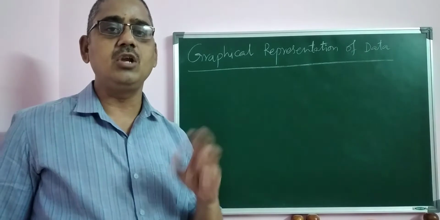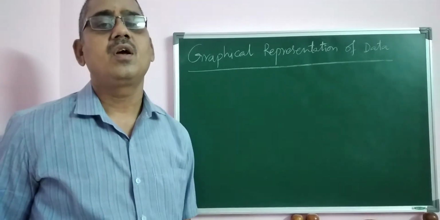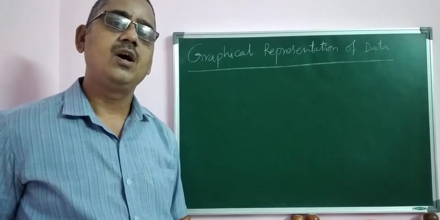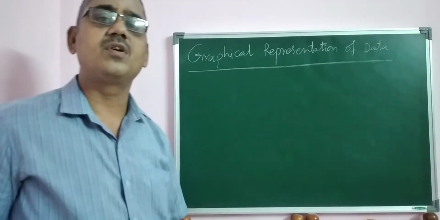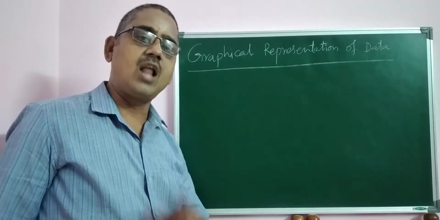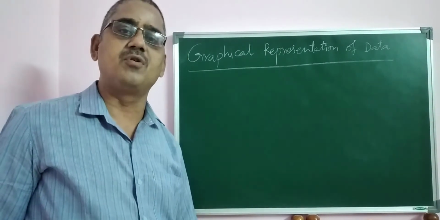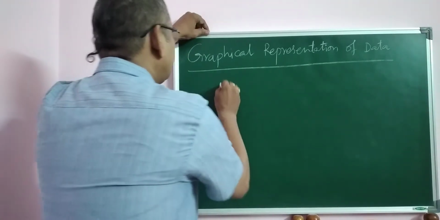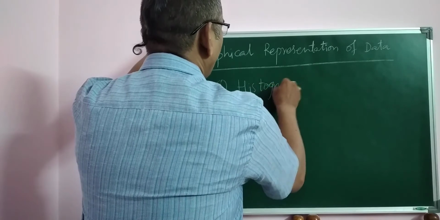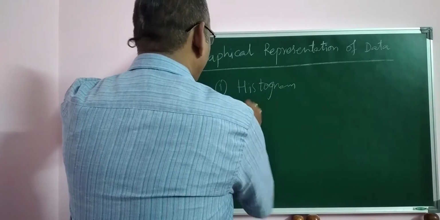So usually in our study of the graphical representation of data, we study three types, which are all related with the frequency distribution. One, histogram. Two, frequency polygon.